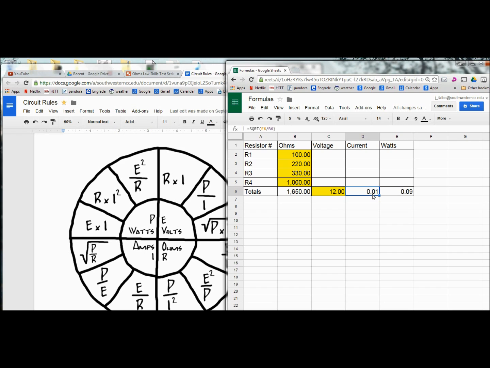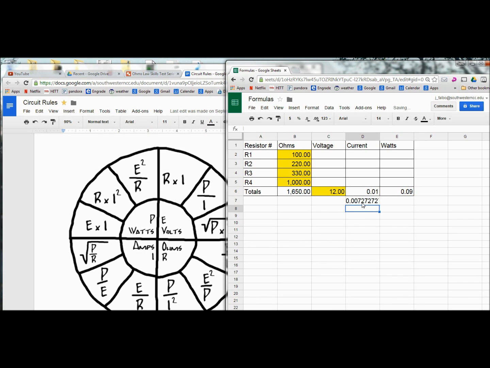Now if I want to check this, remember for current, total current, I said I had 3 ways that I could solve it. Well, let's use this formula just below here, since we have all these known values, and let's see if we get the same answer. So equals, I'm going to take power divided by voltage. Notice I'm referencing cells.